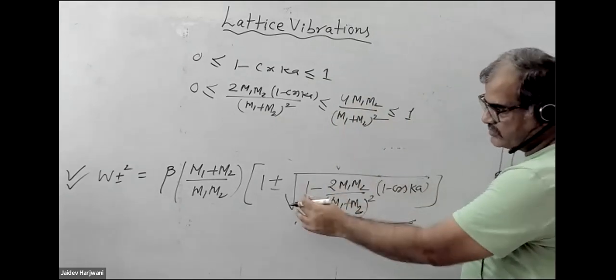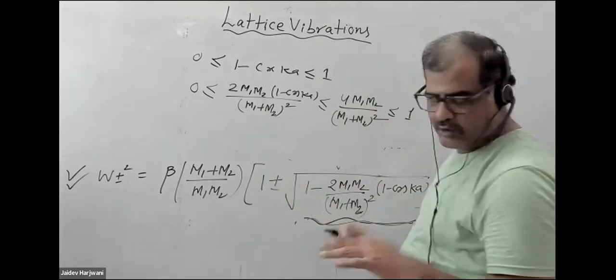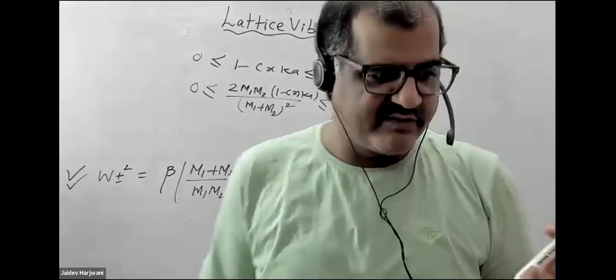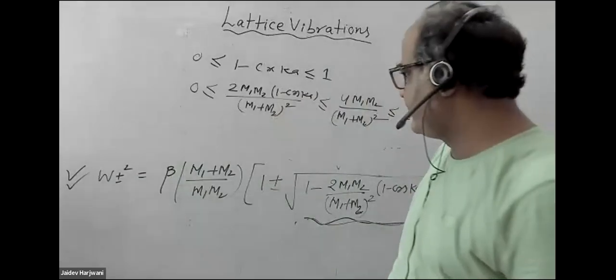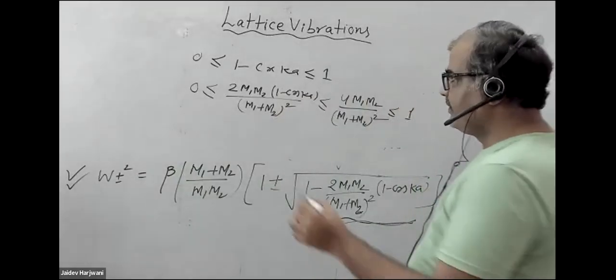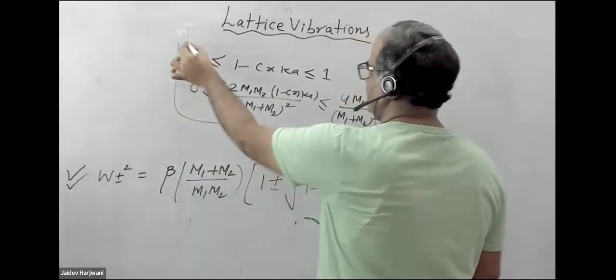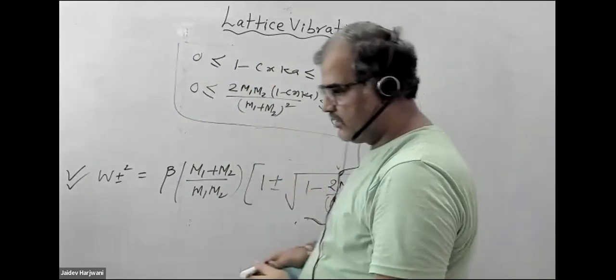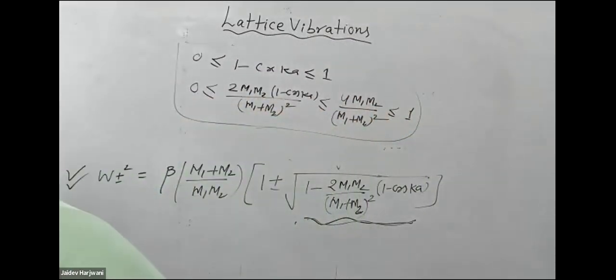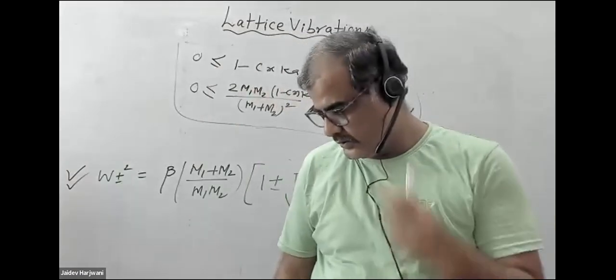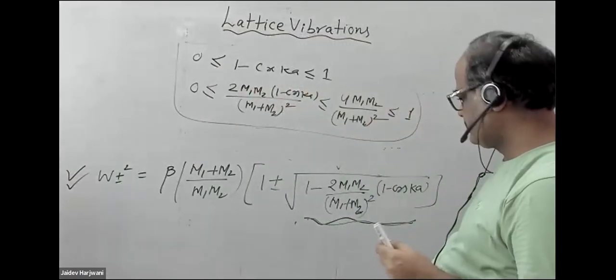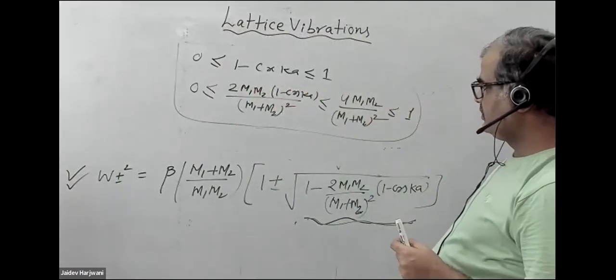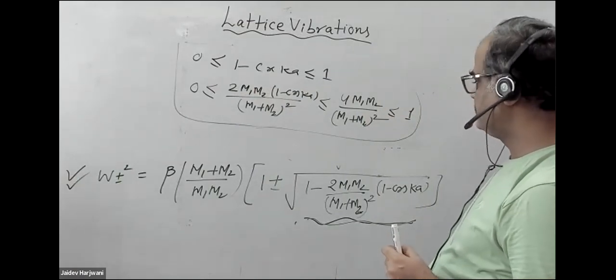So there are no complex values, no imaginary values. That fact I want to tell. I hope this point is clear. Now let me discuss. Sir, in this second equation, where we have to put cos k, we have to put 0 in the place of k, no?